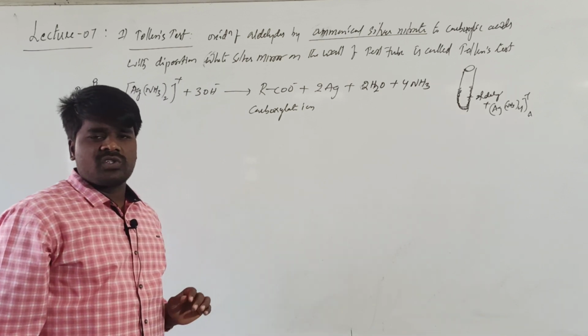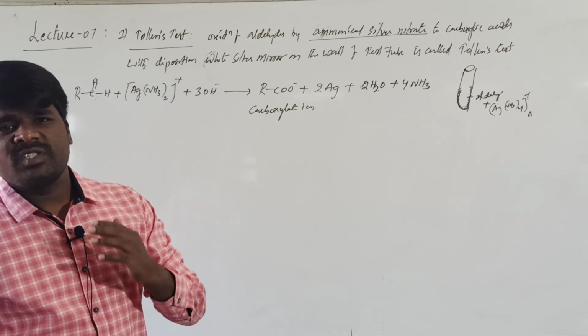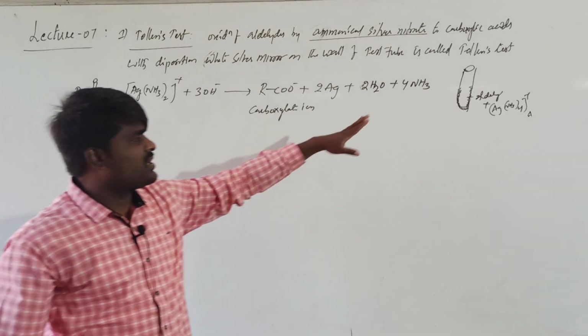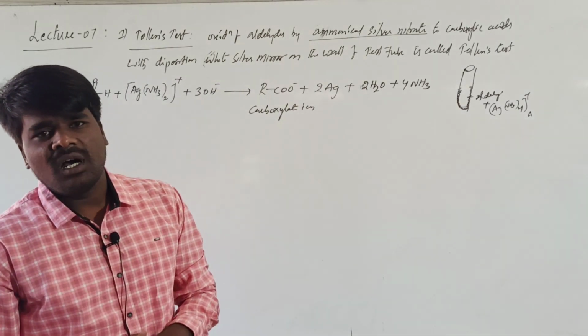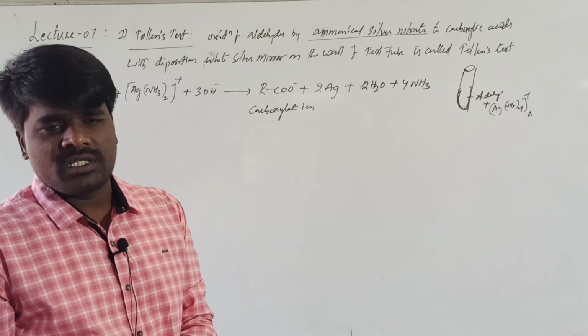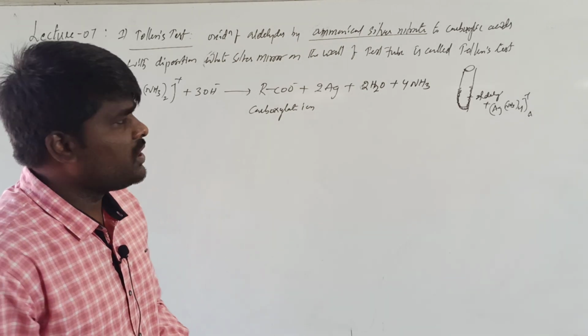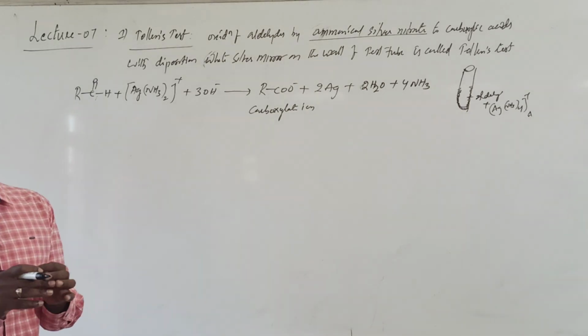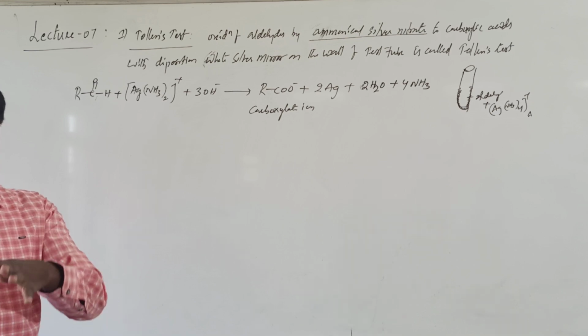If the Tollens test is positive, that confirms the presence of an aldehyde. If you get a silver mirror in the Tollens test, that indicates the presence of an aldehyde. If you don't get a silver mirror, it could be a ketone. This is the Tollens test, a very important test to distinguish aldehydes from ketones.